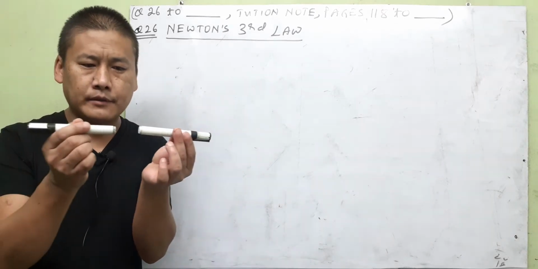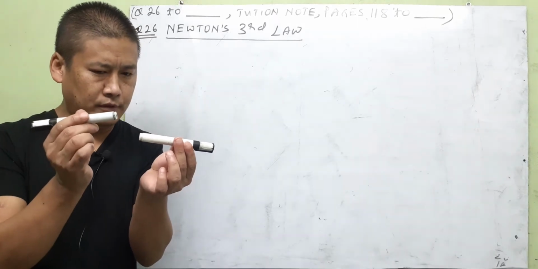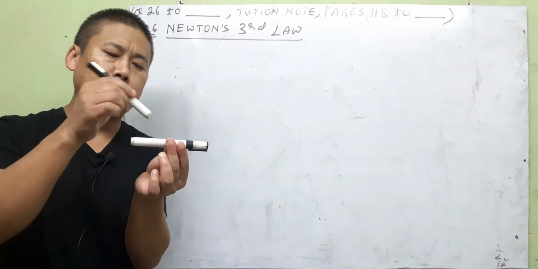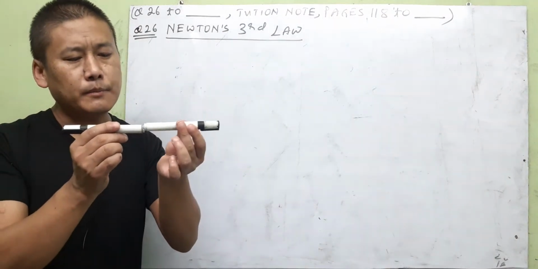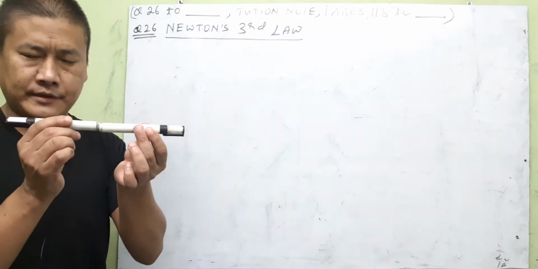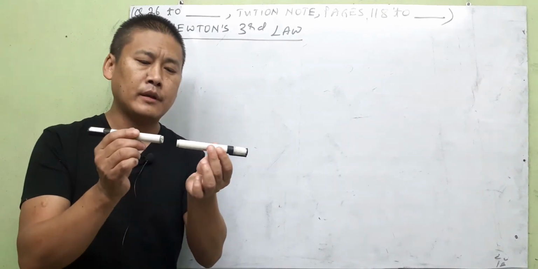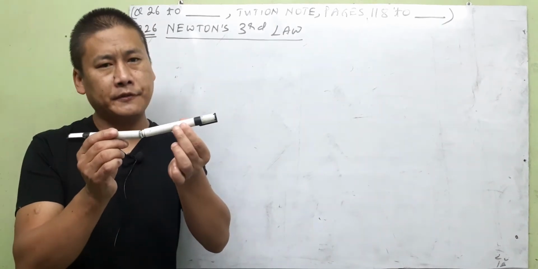But when they collide, this pen on the right hand will exert a force on this second pen. At the same time they collide, not only the first pen exerts a force on the second pen, but the second object, pen, also will exert a force.